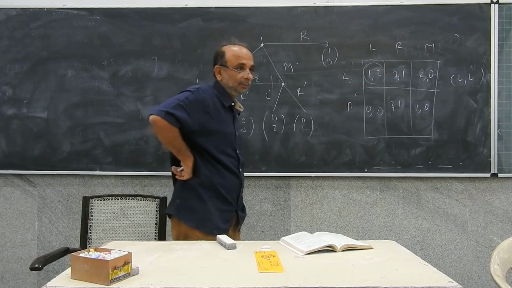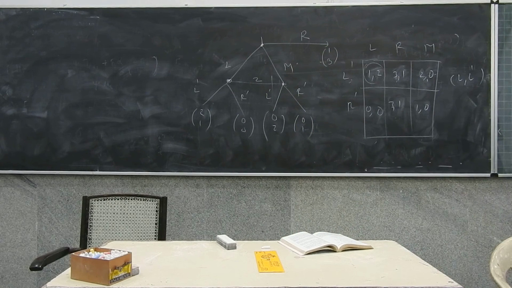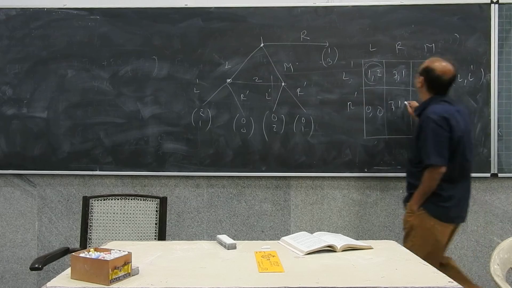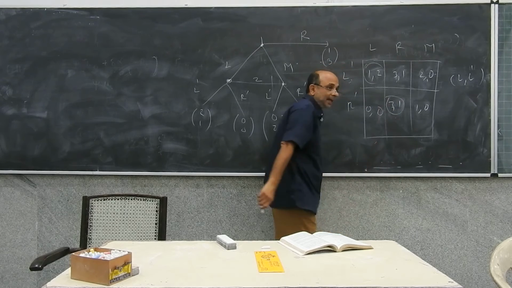Is there any other Nash equilibrium in this game? That's important. R? Perfect. Yes. So is R dash a Nash equilibrium? Is this a Nash?